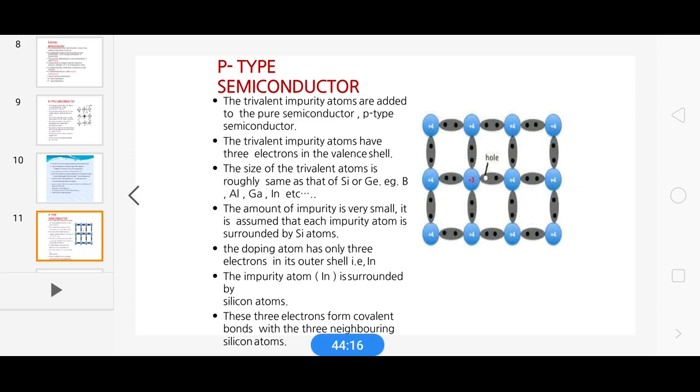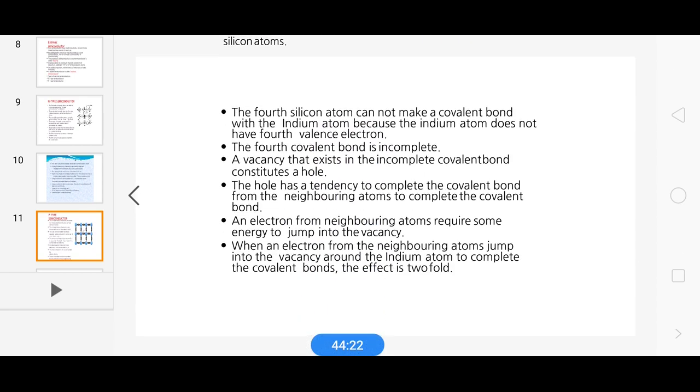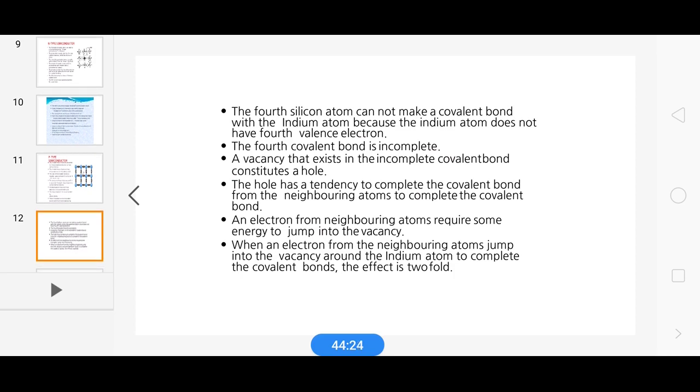Here the hole always accepts 1 electron, so that's why it is called an acceptor impurity. The hole has a tendency to complete the covalent bond, so the electron from the neighboring atoms jumps into the vacancy to complete the covalent bond.